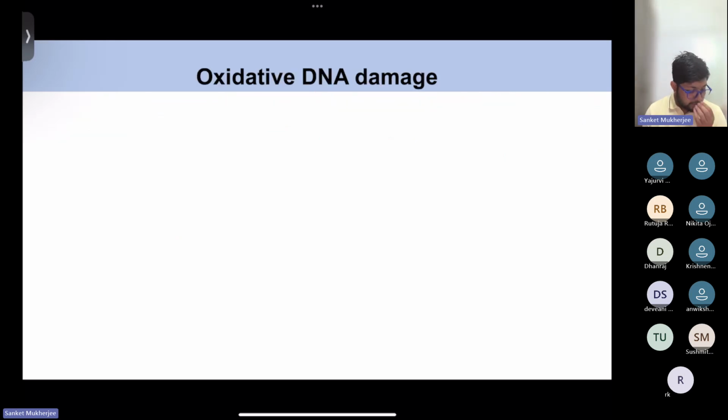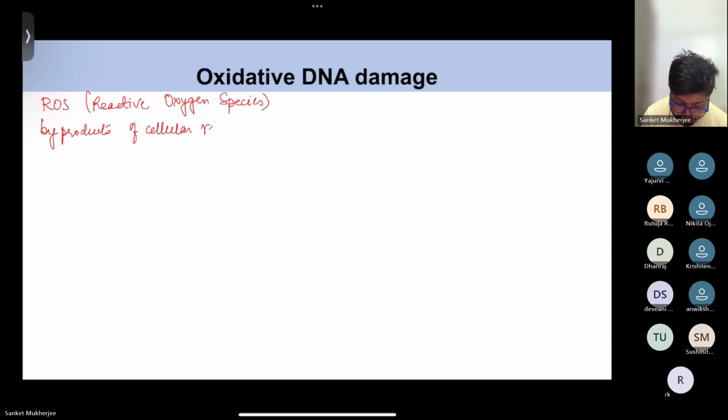Coming to oxidative DNA damage. So how does this happen? The main factor behind oxidative DNA damage is ROS, that is reactive oxygen species. How are ROS produced? ROS are naturally byproducts of cellular respiration, in the case of the electron transport chain in aerobic organisms.